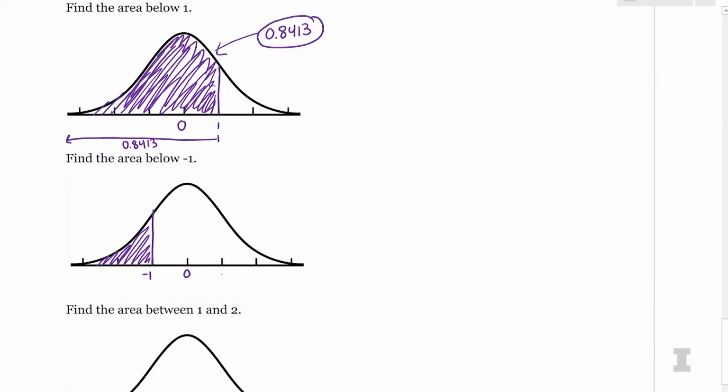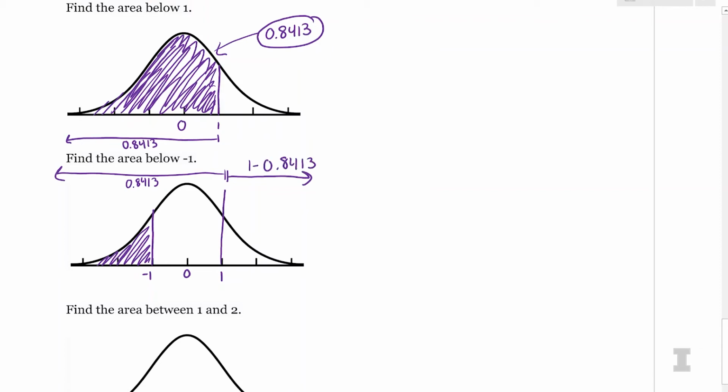Exactly. So that is exactly correct. If we think about the normal curve, it's nice and symmetrical. So the area to the left of 1, we know is 0.8413, about 84%. And then the area to the right of 1 is going to be 1 minus that, right? Because the whole normal curve has to be 100%.